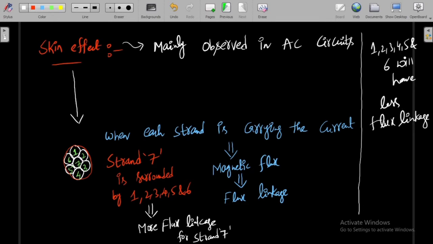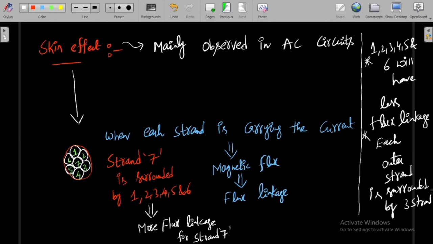Strand 1 is surrounded by 6, 7 and 2. Similarly 6 is surrounded by 5, 7 and 1. So each outer strand is surrounded by 3 strands, whereas the inner strand 7 is surrounded by 6 strands.